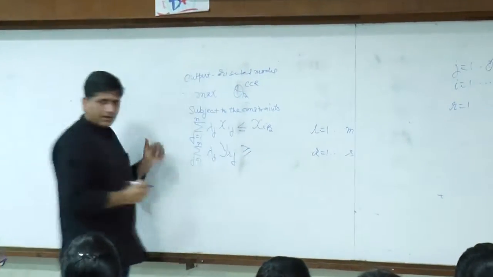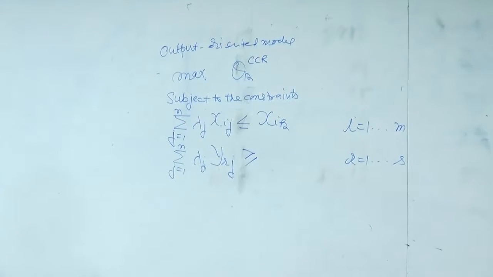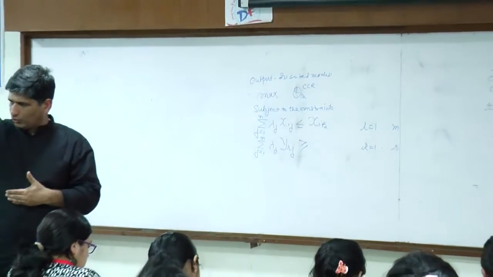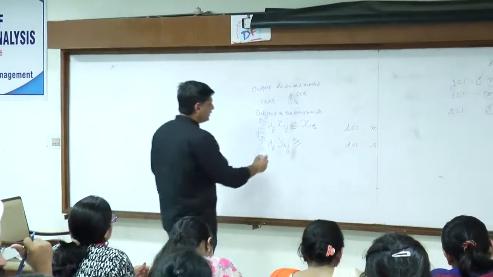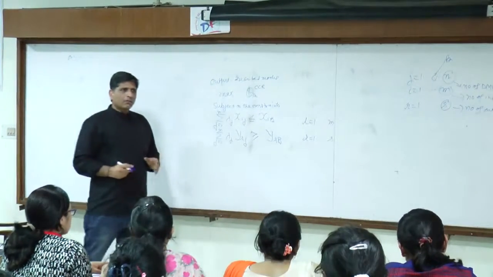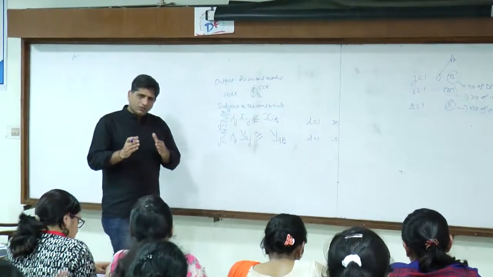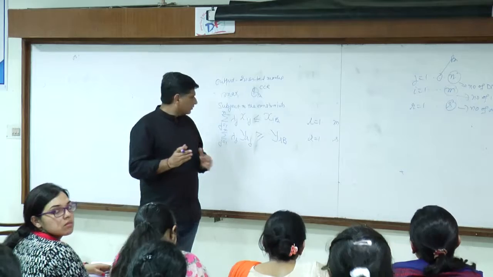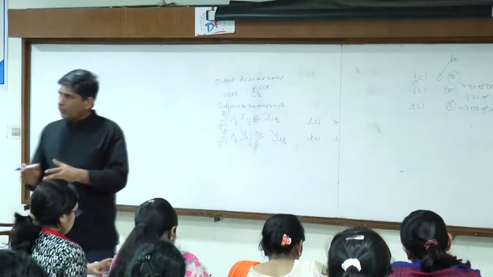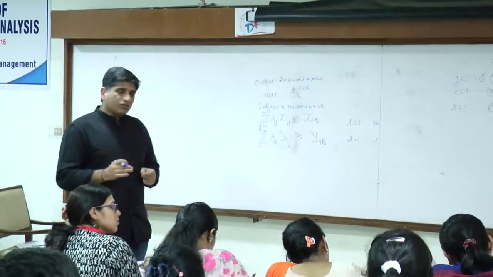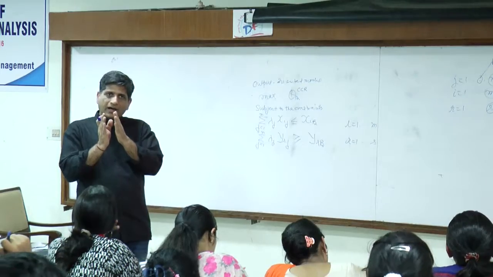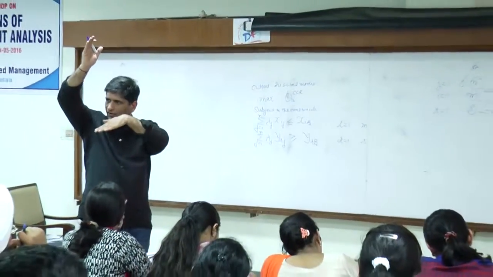And output quantities, larger output quantities are desirable. Therefore, the sign of the constraint is greater than or equal to. Okay? And this would be y r k. Now, since we are in this model, we are able to increase the output to the level of input.